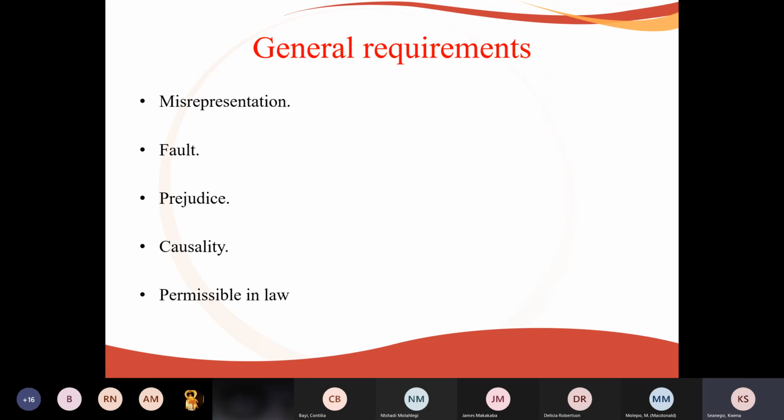For example, we talk about entrusting of property to another. The mere entrusting of property to another, does that mean there's a misrepresentation or there's fault on the part of the owner of the property? Because that's one of the cases that we discuss in the study guide.